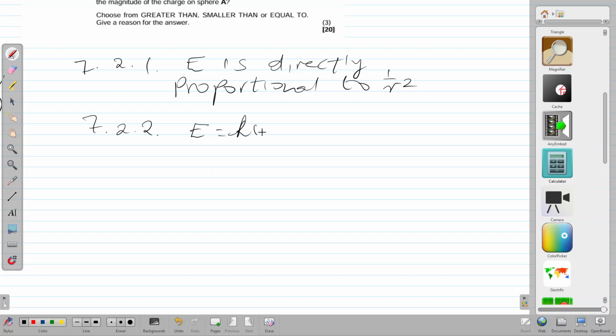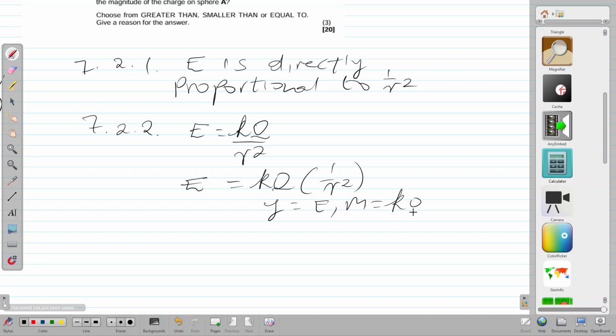The equation is E equals KQ over r squared, and then we must write it in the form y equals mx plus c. So y is E, m is equal to KQ, and x is 1 over r squared.